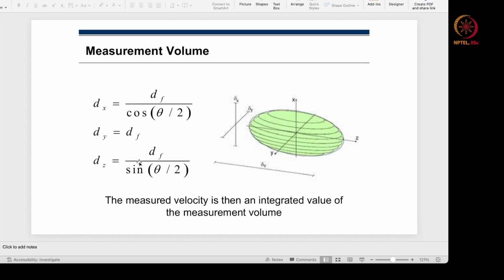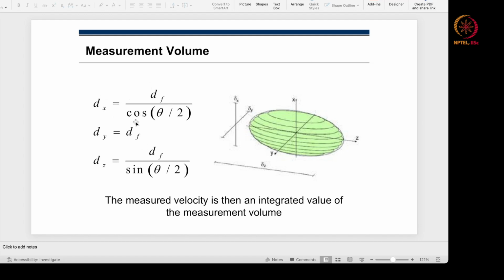Now if you look at the measurement volume, you will find that this is rather interesting. dx and dy are more or less of the same order because the theta angle is not that large, so they are very similar and you can calculate this.